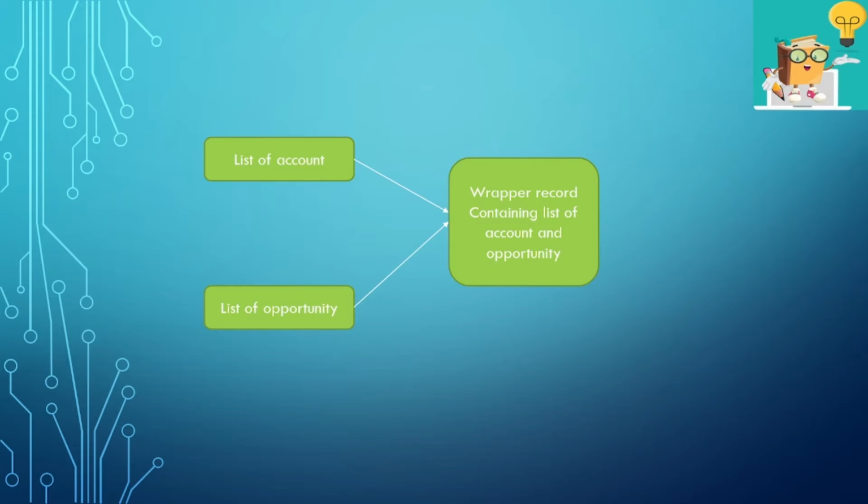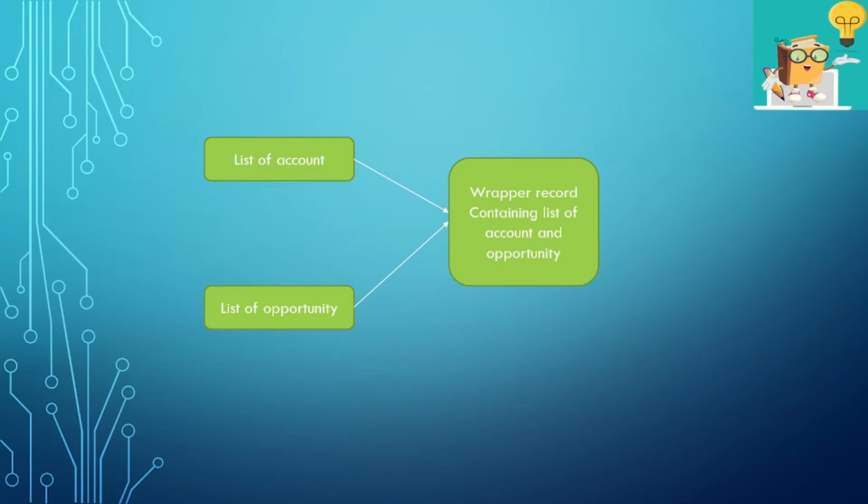But here the requirement is you need both. In that case, we will use wrapper records or wrapper classes in Apex, which will combine the list of account and list of opportunity together and store them in one container which will act as a record. Then you can use the return type as that particular wrapper class, so that you can send back data from objects which are not related to each other.